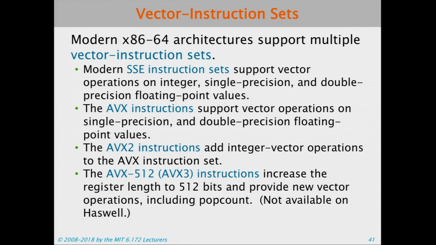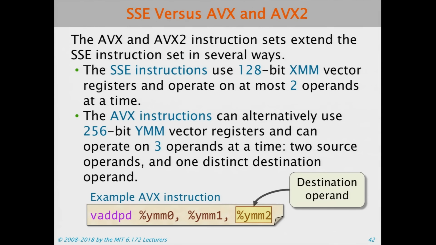x86 supports several instruction sets, as I mentioned. There's SSE, there's AVX, there's AVX2, and then there's now the AVX 512, sometimes called AVX3, which is not available on the machines that we'll be using, the Haswell machines. Generally, AVX and AVX2 extend the SSE instruction set by using wider registers. SSE uses wider registers and operates on at most 2 operands.